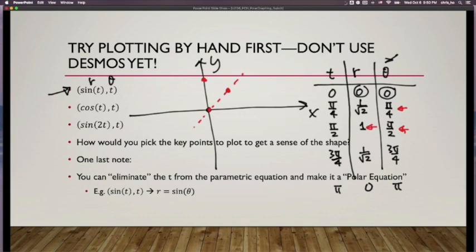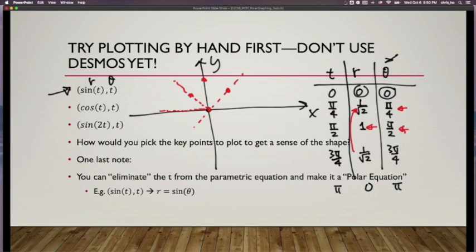And then as theta increases again to 3 pi over 4, so now it's going to be at this angle. And what's the length? Well, it's going to go back to this length. So it's going to shrink back to the same length as 45 degrees. Okay? And then finally at pi, which is this angle now that I'm using my new dotted line, the length shrinks back all the way to 0.